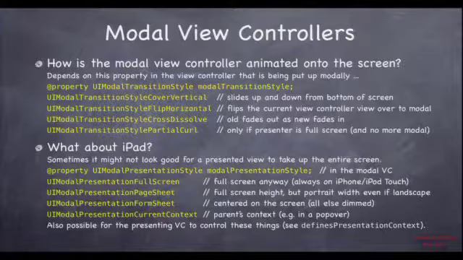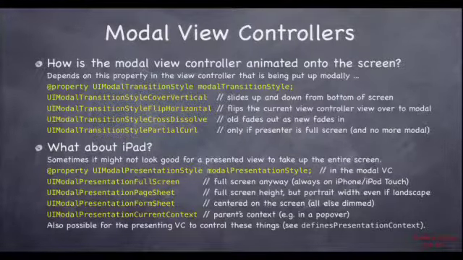Now on the iPad, there's another consideration. On the iPhone, the modal view controller always covers the entire screen, whether it slides up from the bottom or it's a curl or whatever. But on the iPad, that's not necessary, and some things might look bad full screen. Some modal view controllers might want to be in a smaller space. And so there's two smaller spaces.